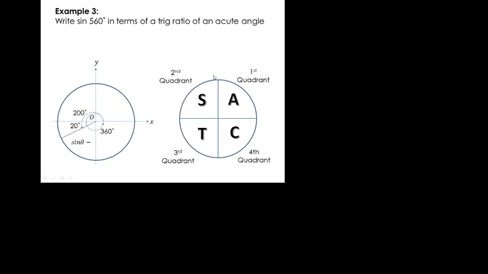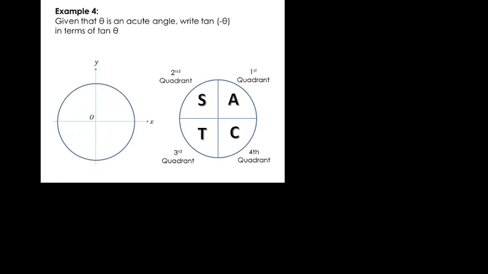In case you didn't get the idea earlier, A means all is positive, S means only sine is positive, T means tangent is positive, C means cos is positive. So here sine is negative, meaning negative sine 20.